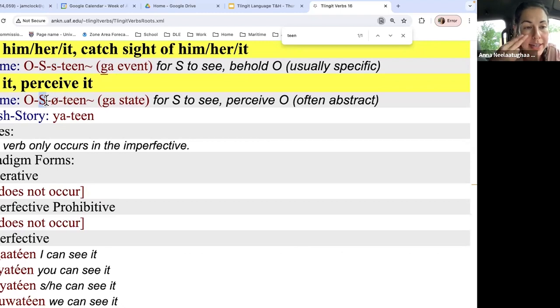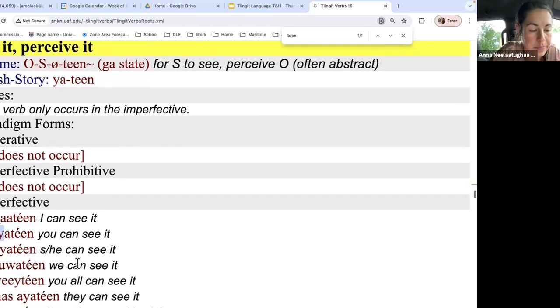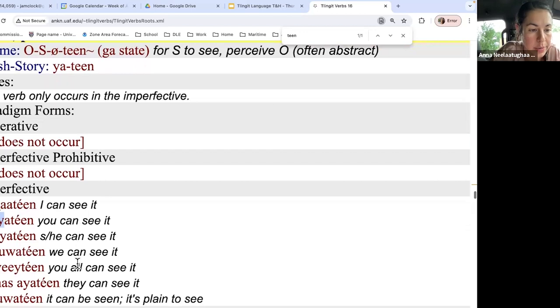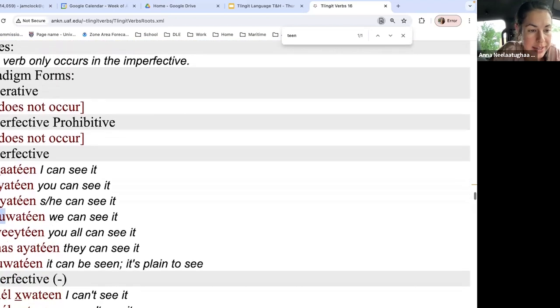So if I see it, this is where I'm going to put my kha for I see it. If you see it, this is where I'm going to put the iya for you see it. If we see it, that's where we put the t for we. And if you all see it, that's where we put the ye for you all.